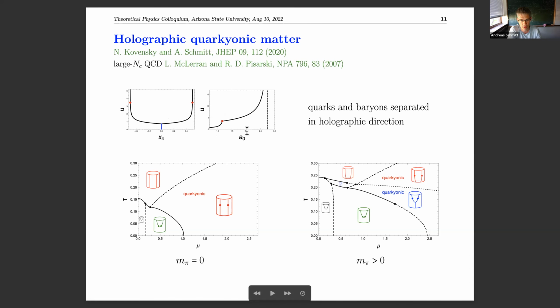Right, so that's what we found dynamically. That's a dynamical solution of the equations of motion that's indeed preferred at some places in the phase diagram. So that's this kind of, I shouldn't call it a mixed phase of baryons and quarks, because there's no phase separation in position space. It's really this momentum space or energy space, because this holographic direction can be interpreted as an energy scale as well.